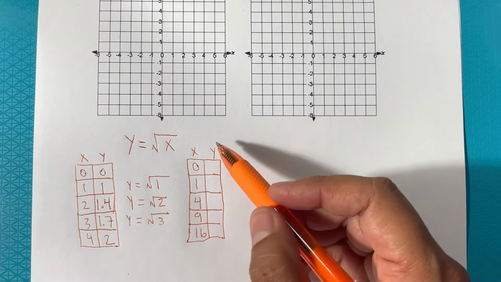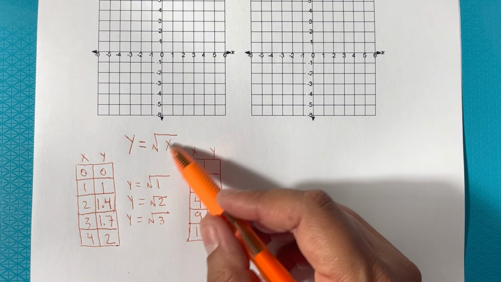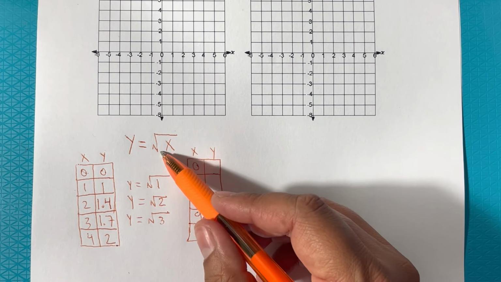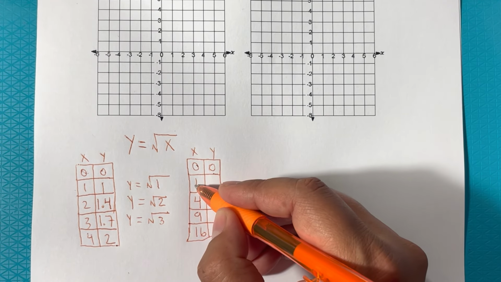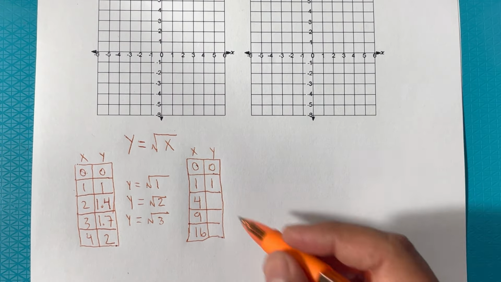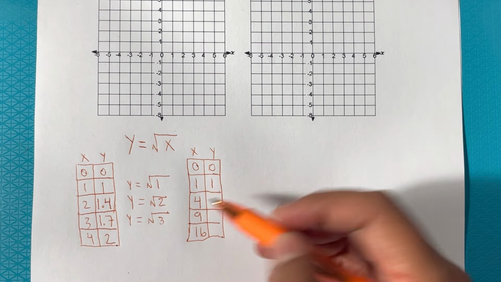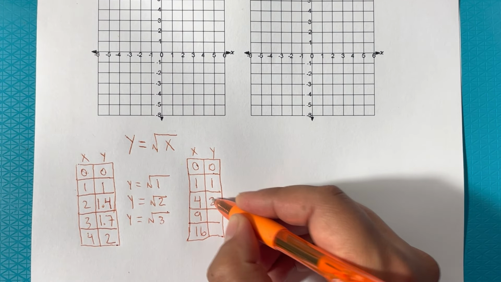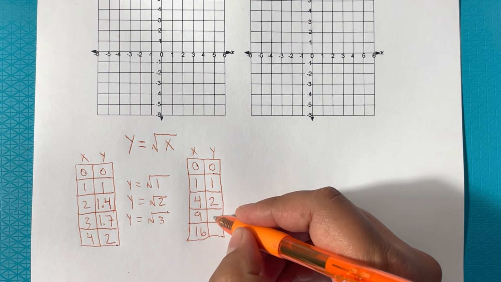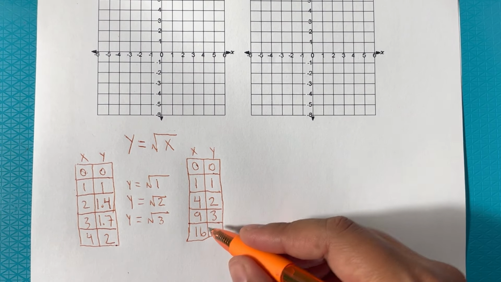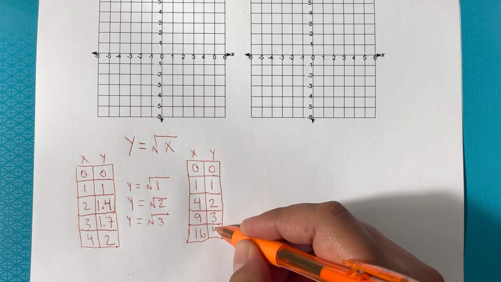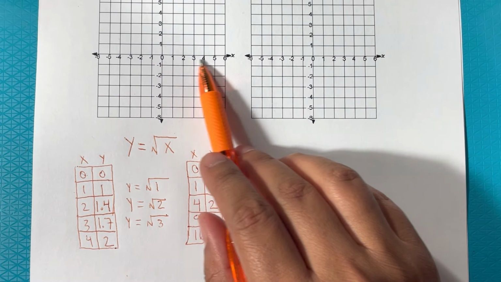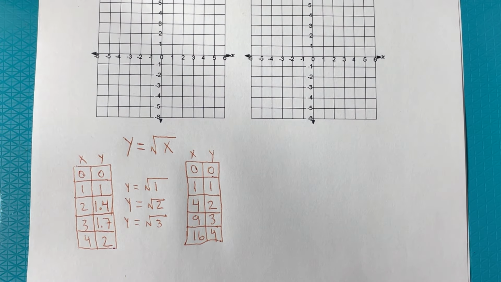That way when you substitute the x with these values, the square root of 0 is 0. The square root of 1 is 1. The square root of 4 is 2. The square root of 9 is 3. The square root of 16, let's not go that far. It's 4, but you're not going to be able to graph 16 in this grid.